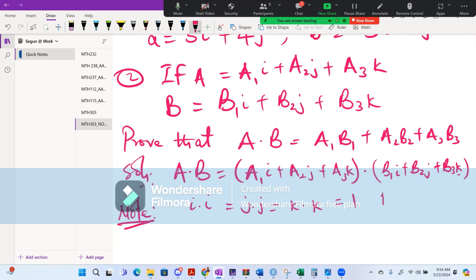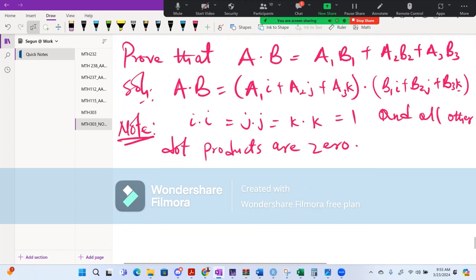You can circle this in your notes. Other products are zero.